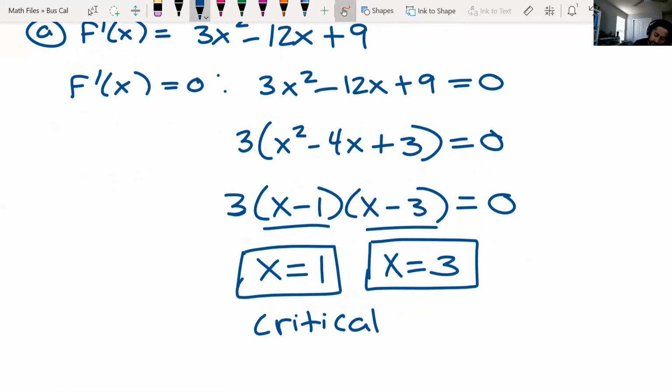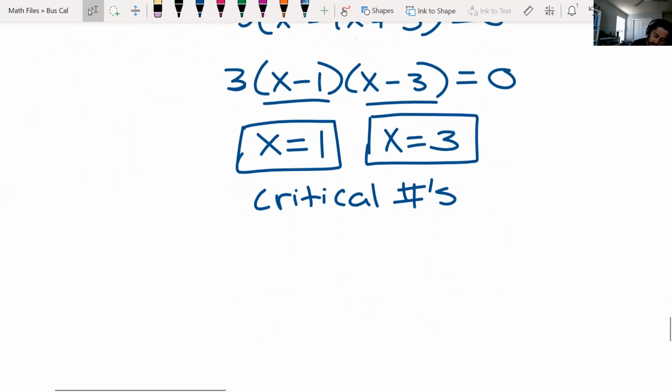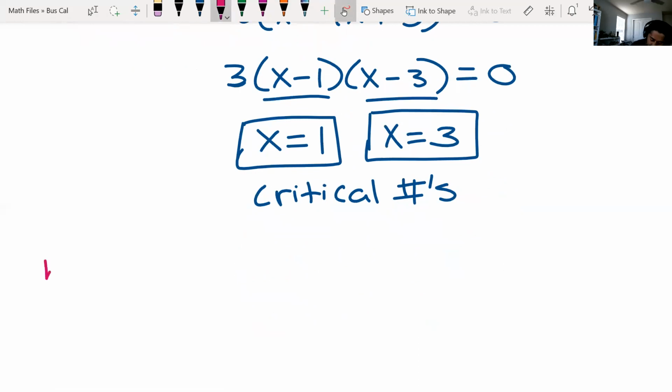So this is going to be step B. All right, so B, second derivative test.